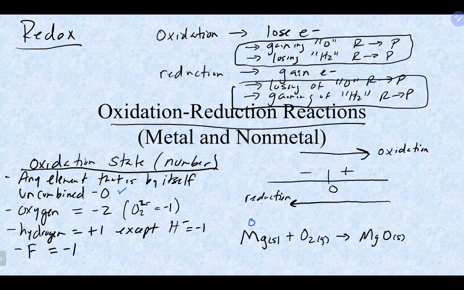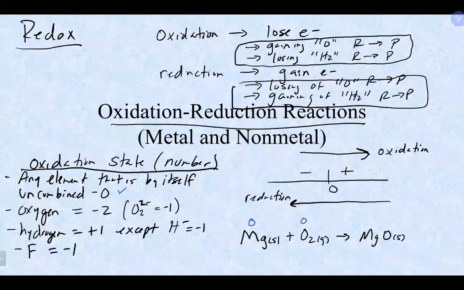O2, which is oxygen gas, is naturally how oxygen comes. It comes as a diatomic molecule. It's not combined with any other element, so it also has an oxidation state of 0 to start with. Remember that it is only when these two come together that they gain some charges.